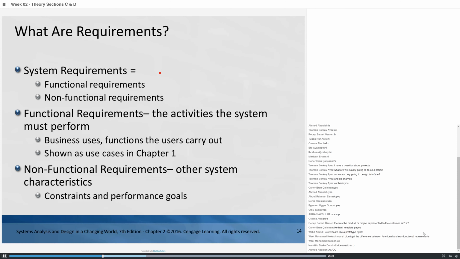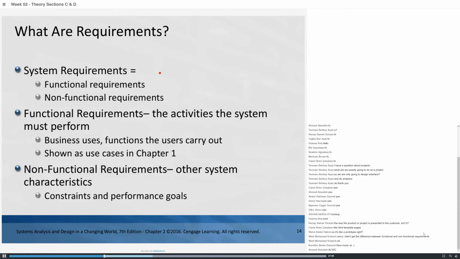For example, if we are talking about the Orion system: registering a student, enrolling into a course, removing a course, dropping a course, seeing grades, what else? Updating student details. Those are functional requirements, okay?